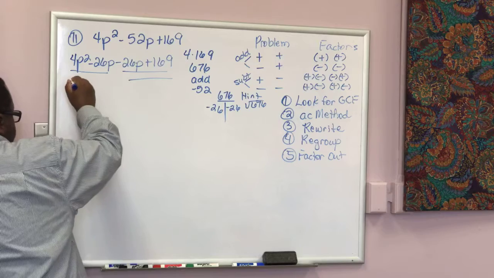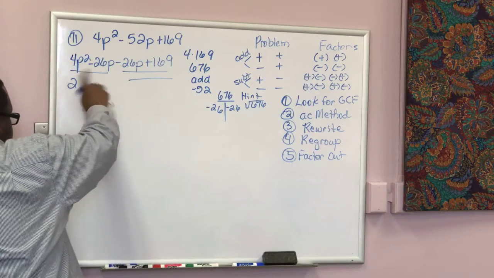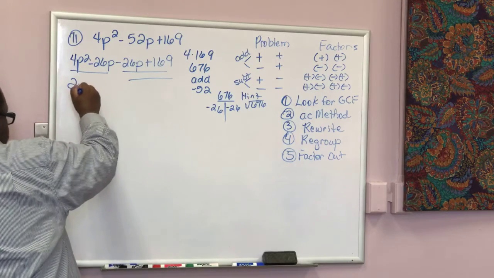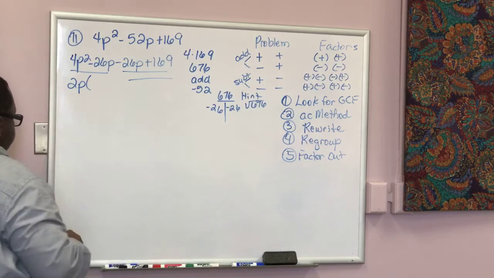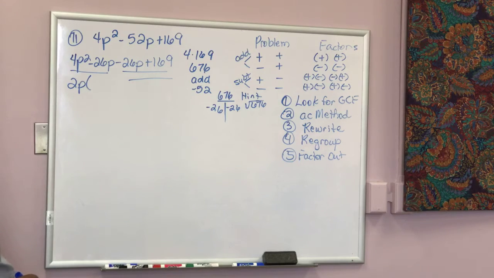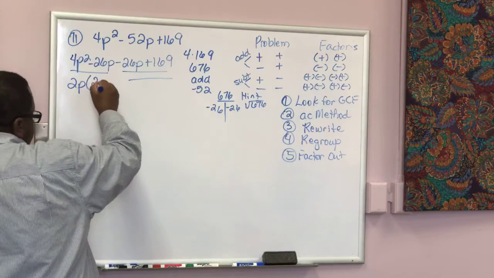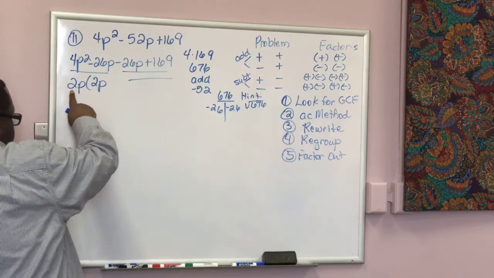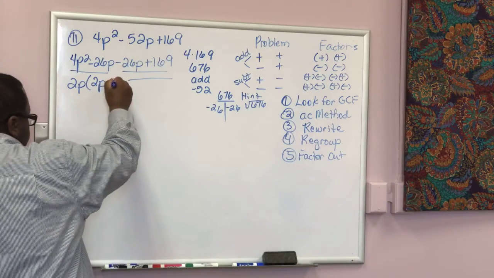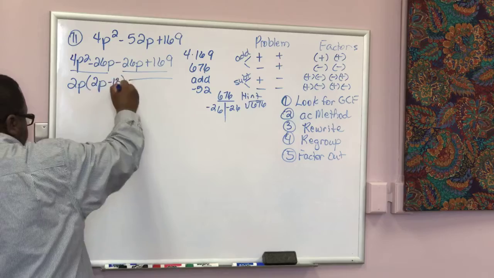Out of the 4 and 26, they have a 2 in common. What about our variables? Do they share the same variable? Yes, they do. So we take out a 2p. Now we divide. What goes inside parentheses? What's 4p squared divided by 2p? 2p. What's 26 divided by 2? 13. And the p is going to cancel out, right?